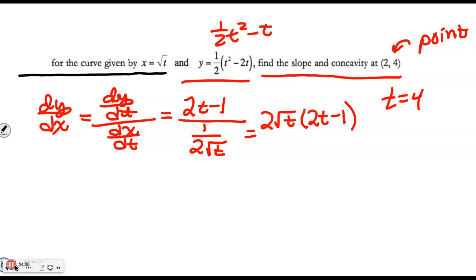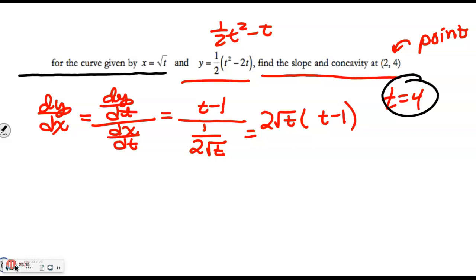Oh, that's just t minus 1, isn't it? And then go do it when t equals at that point, which would be when t equals 4.